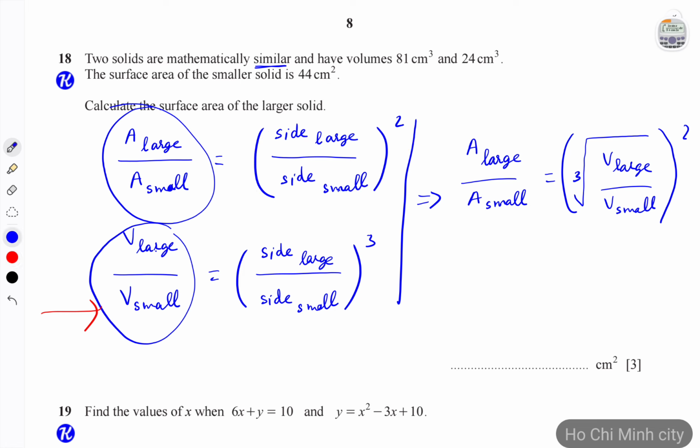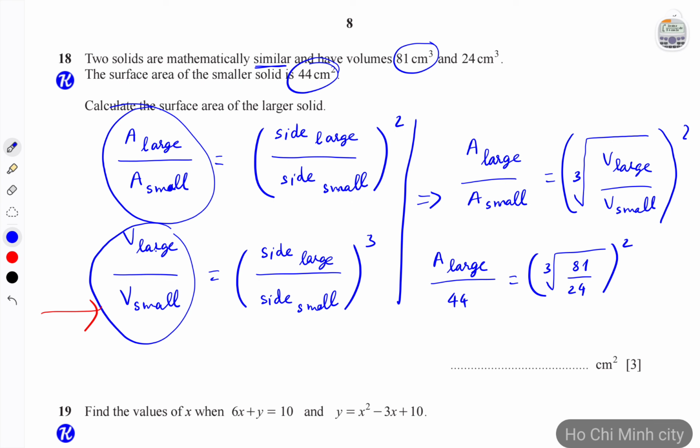All right, so it's time to plug these values into this formula. The area of the larger solid, we don't know it, right? So we just write area of the large divided by area of the smaller solid, which is 44, is equal to the cube root of the volume of the larger one, 81, divided by the volume of the smaller one, 24. Then we take the square.